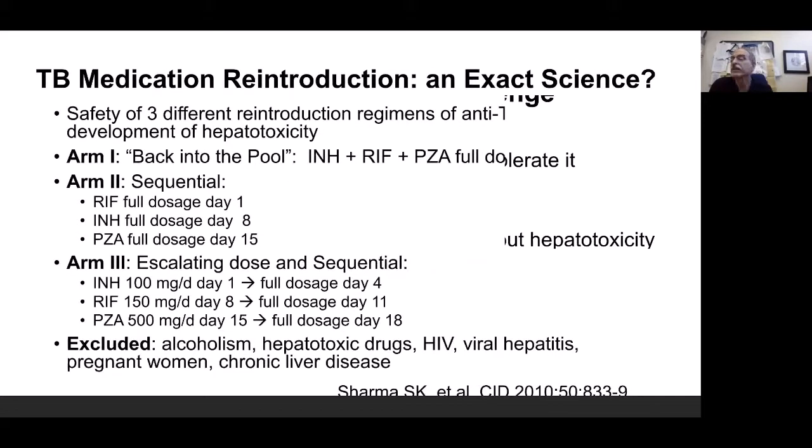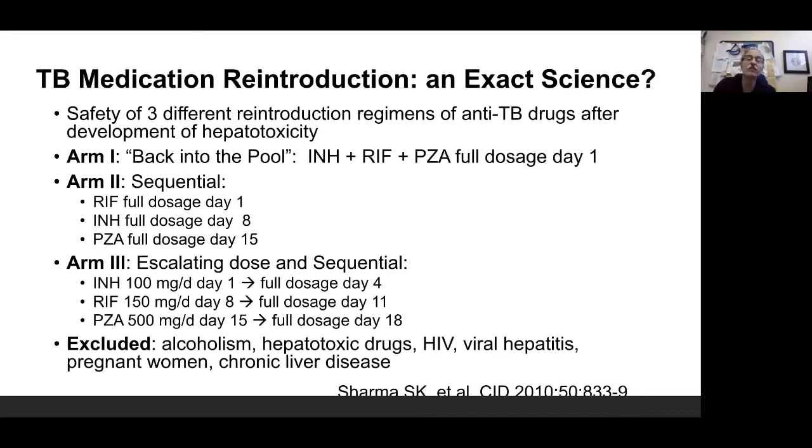And there has actually been some evidence base about what the best way to re-challenge people is. There was a study that looked at whether you threw them back on the initial regimen, or you did sort of once a week sequential addition, or sort of did an escalating drug dose in sequence.